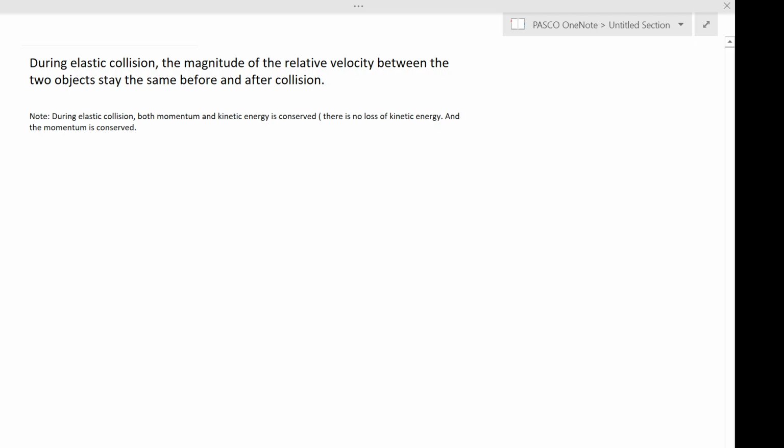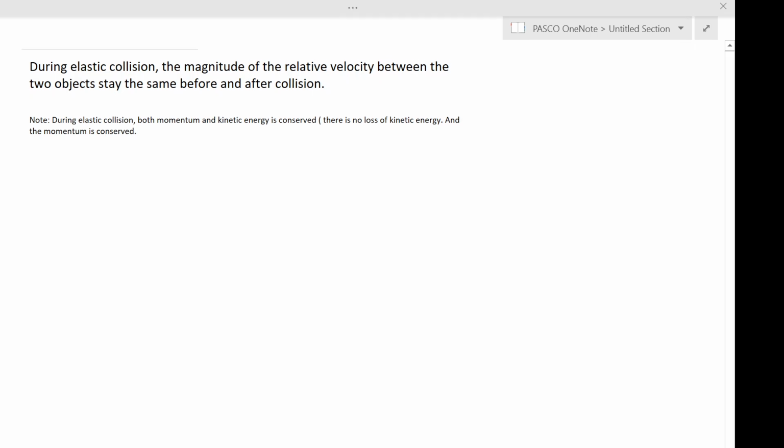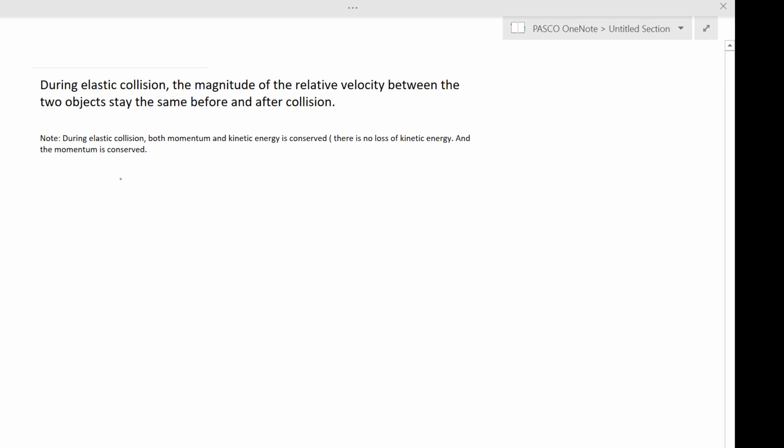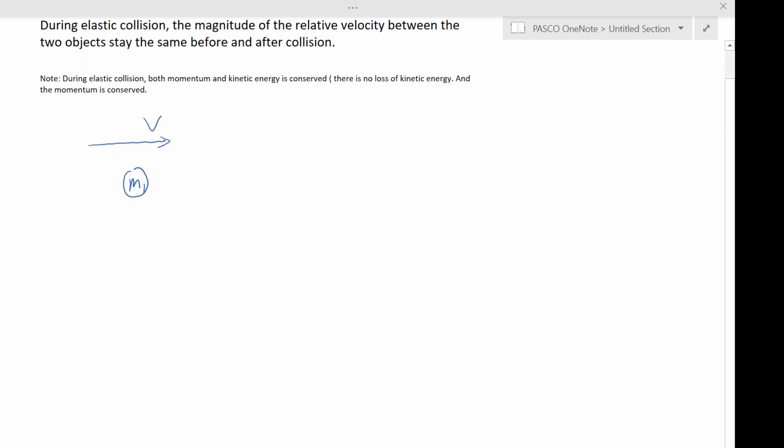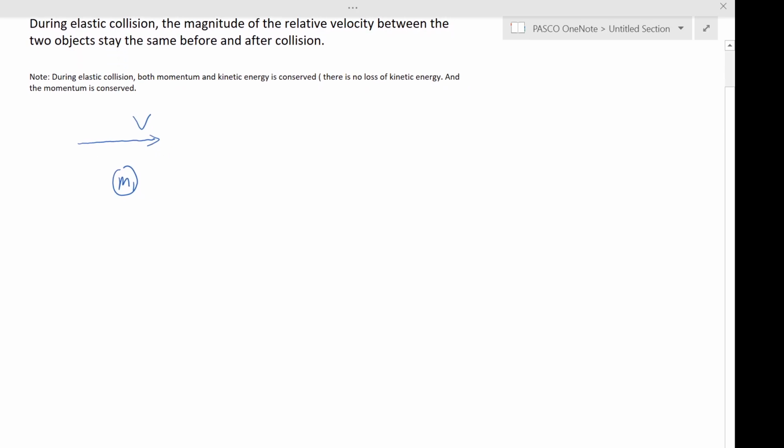So first of all, let's assume a situation where you have a ball with mass m1 and a velocity of v going to the right. It's gonna collide with m2, which is initially at rest.